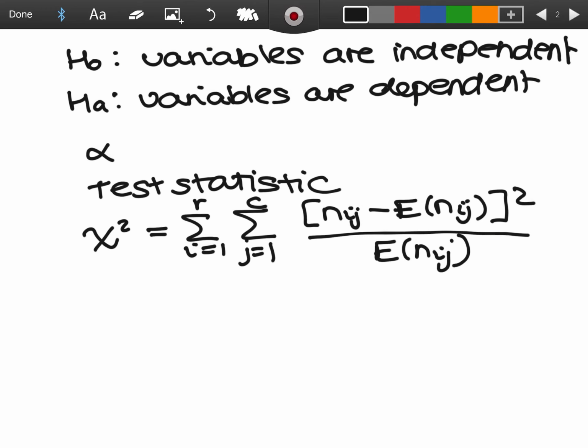Bearing in mind we now have two different variables that we want to compare to one another to see if they are independent or dependent. This Nij that is here is the number of people that fell in that category in row i, column j.